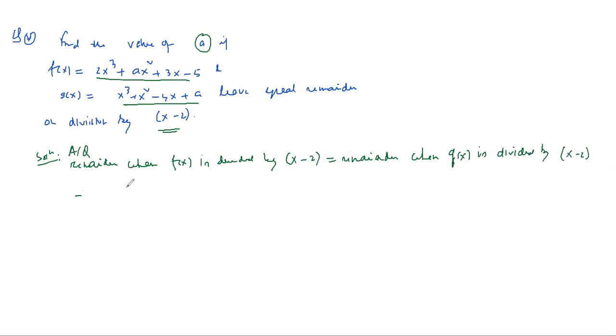Now what is the remainder? It will be f of 2, and here it will be g of 2.